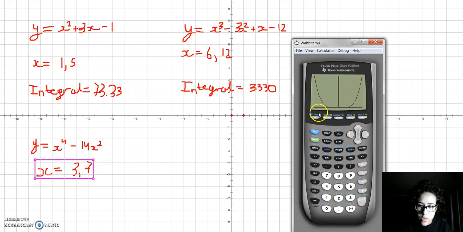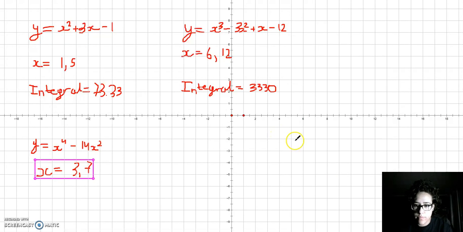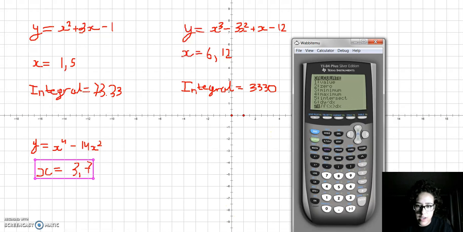And there we go. Now, in order to find the integral from a graph, we would take this button, second, which would allow you to get to all of the functions that are highlighted in blue. So you go to second, and you go to calc, and you go all the way down to number 7, and you would press enter.